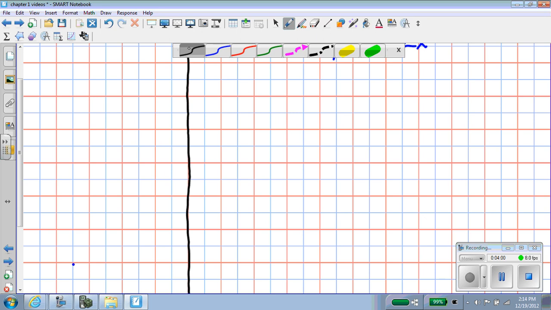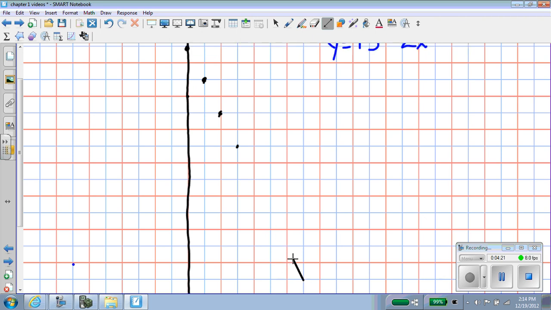I want to be right there. 15. Down 2 over 1, down 2 over 1, down 2 over 1. So we get that particular graph.